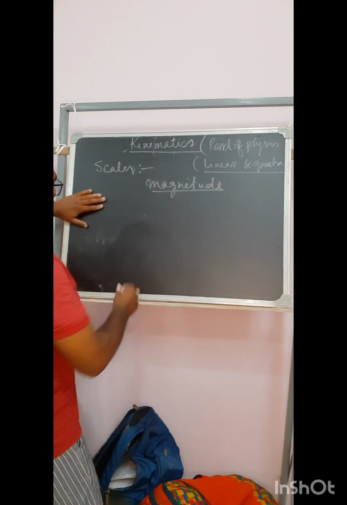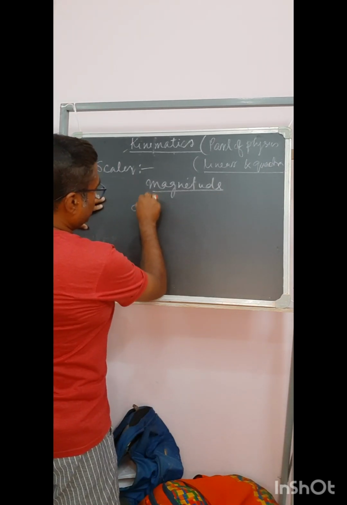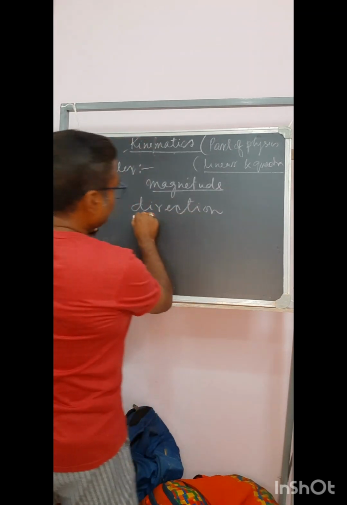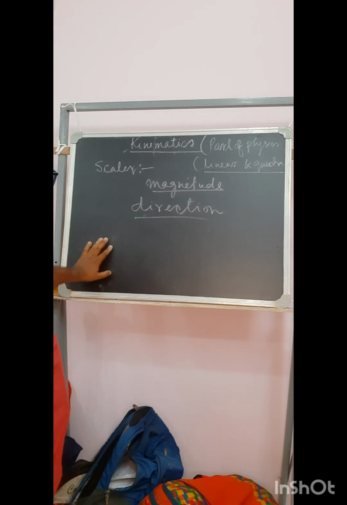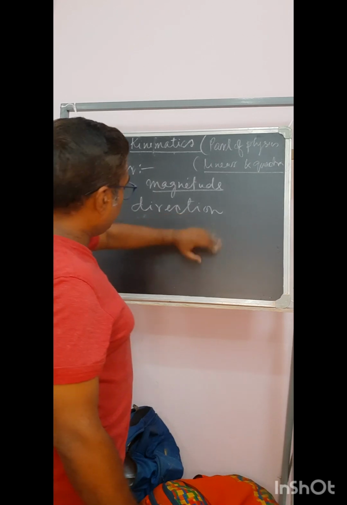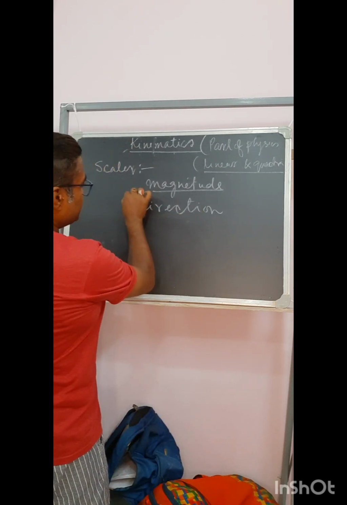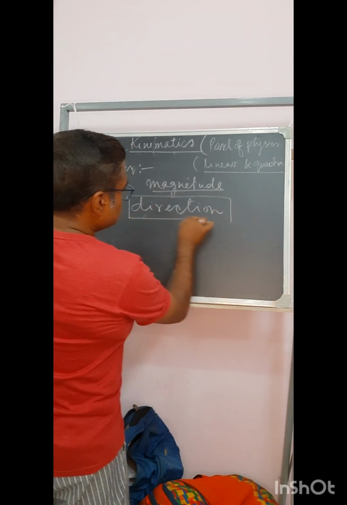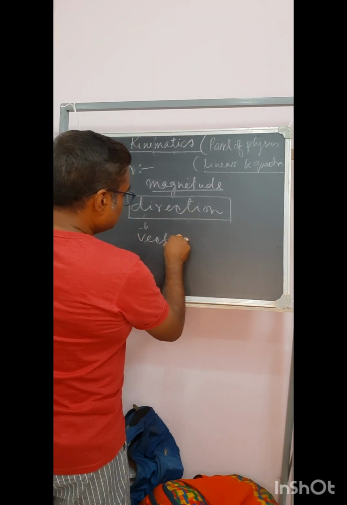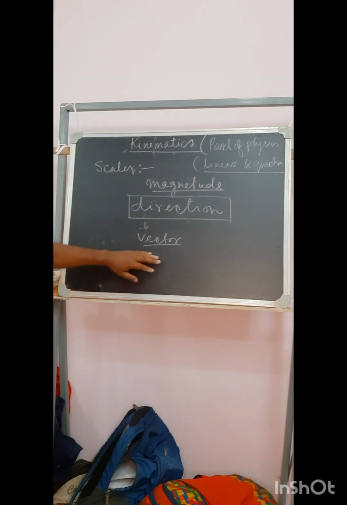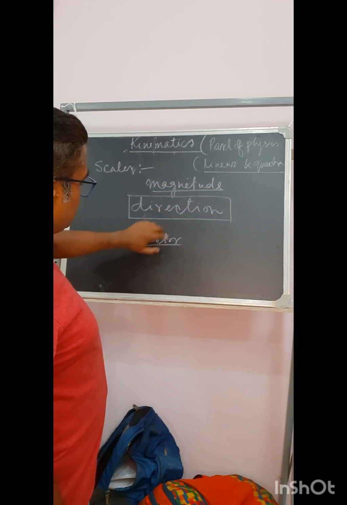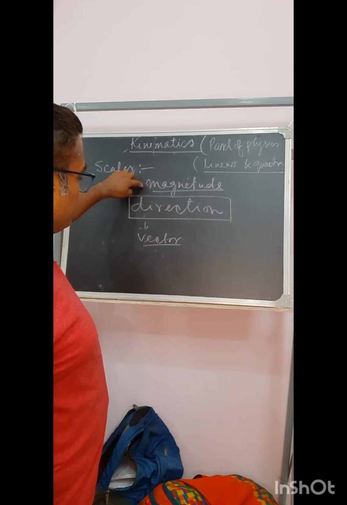But one more term is coming, the direction. So how will the direction affect the quantity? When the direction is affecting the quantity, a special class comes, which is called the vector. This is the special one that needs consideration of direction, not only the magnitude.